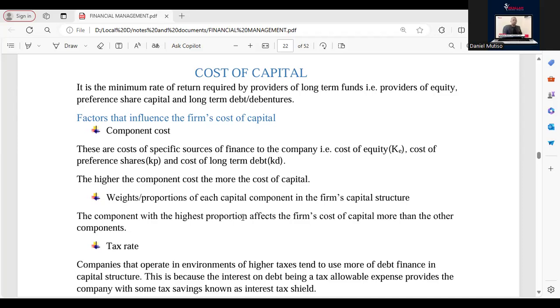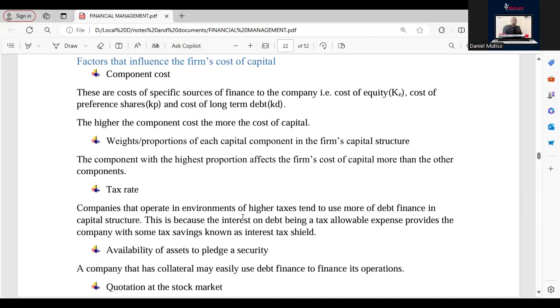The weights are the proportions of each capital component in the firm's capital structure, and the component with the highest proportion affects the firm's cost of capital more than the others. Now, the tax rates.